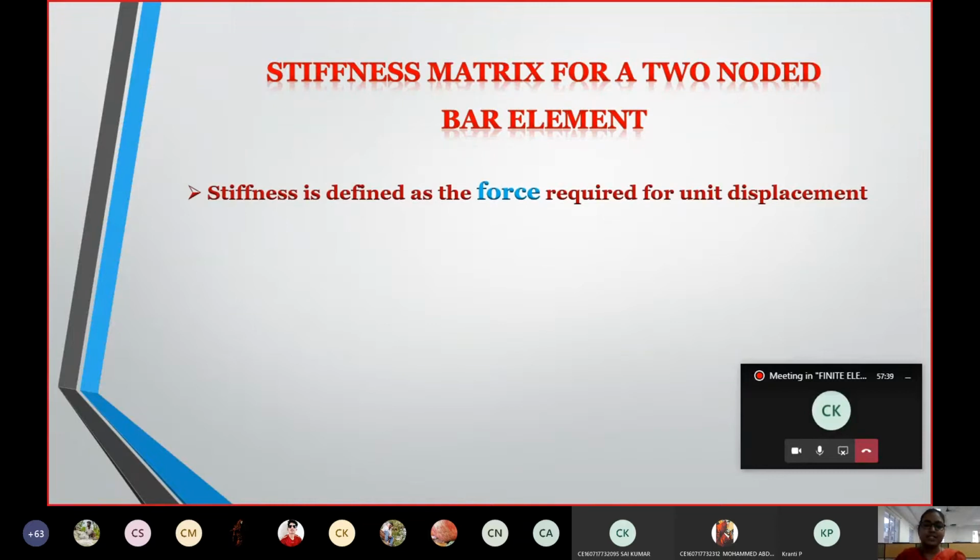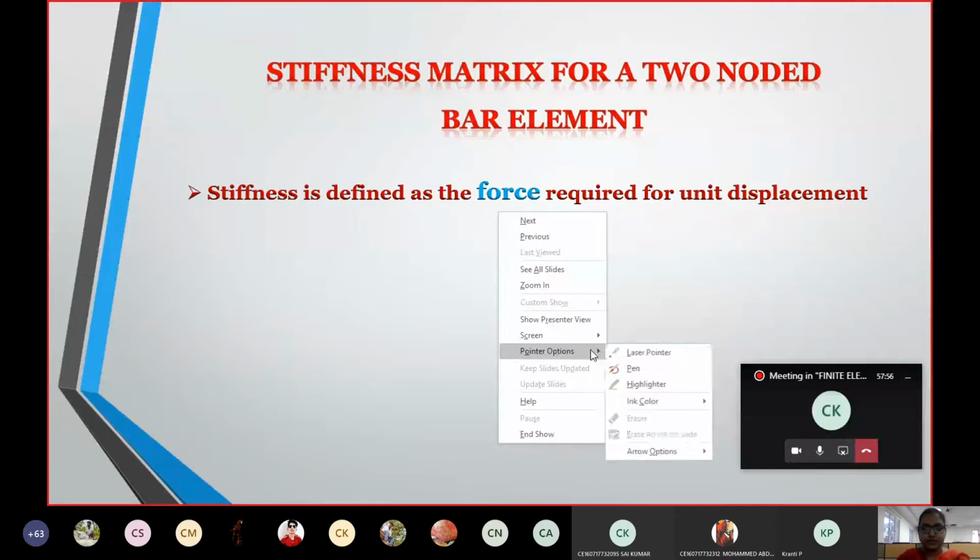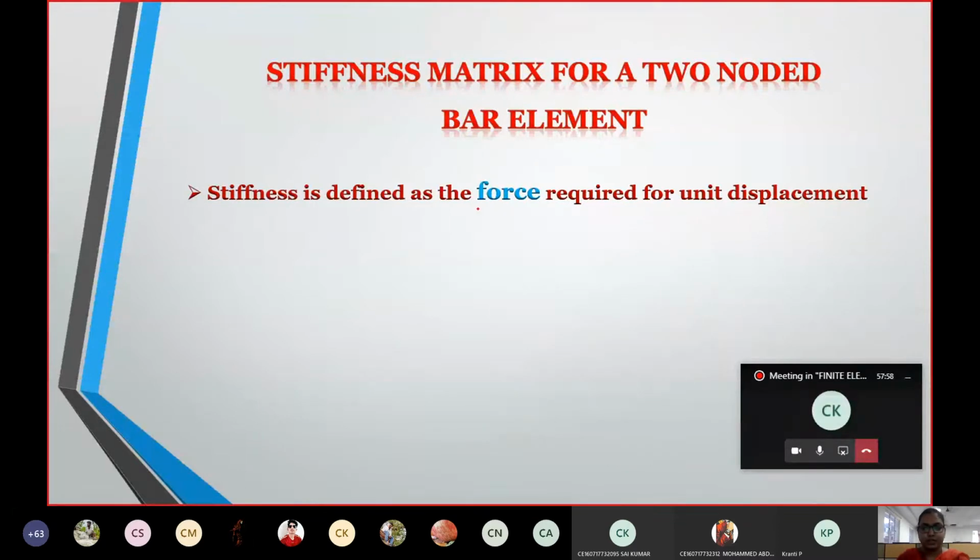Stiffness is defined as the force required for unit displacement. This is what we have to concentrate on. We are trying to find out the force required for the unit displacement in the structure.